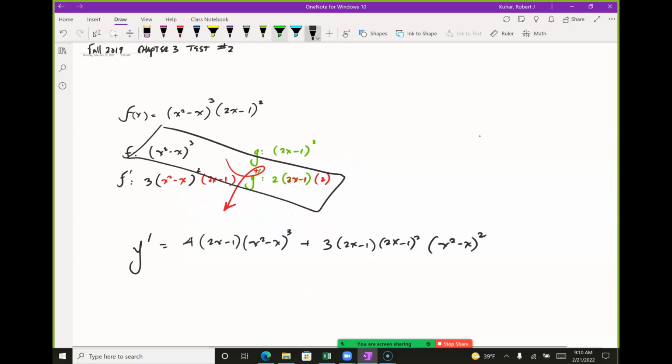And I'm trying to be careful here. I'm taking the 3, taking the 2x minus 1 times another (2x minus 1) squared, and then finally the (x squared minus x) squared. So I'm trying to be really, really organized here.